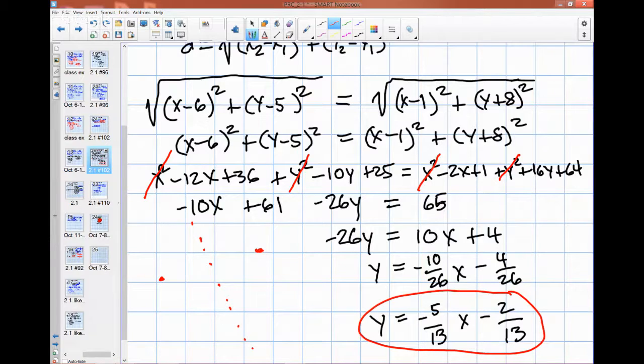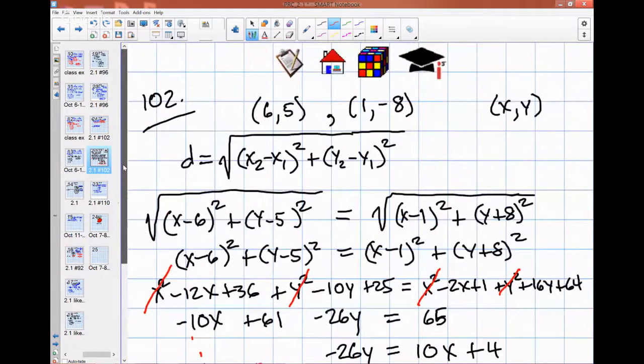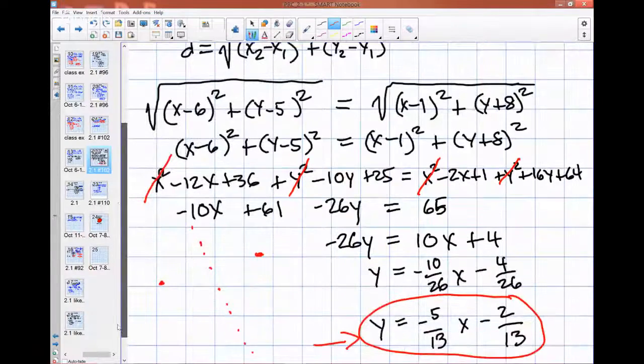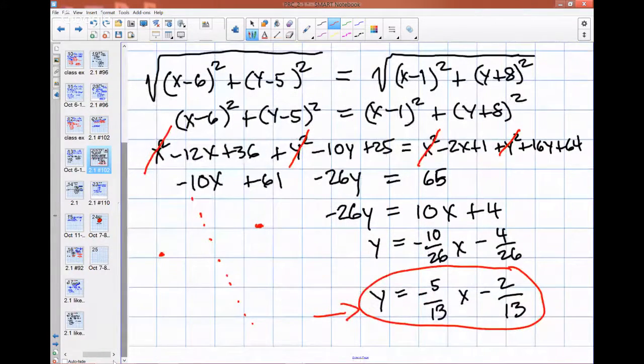Makes sense that all the points equidistant from those 2 points would be a line. So it looks long, but really all it is, is using the distance formula twice, setting them equal, goodbye square root signs instantly, and then a bit of algebra and solve for y, and no shock. It should be a line.